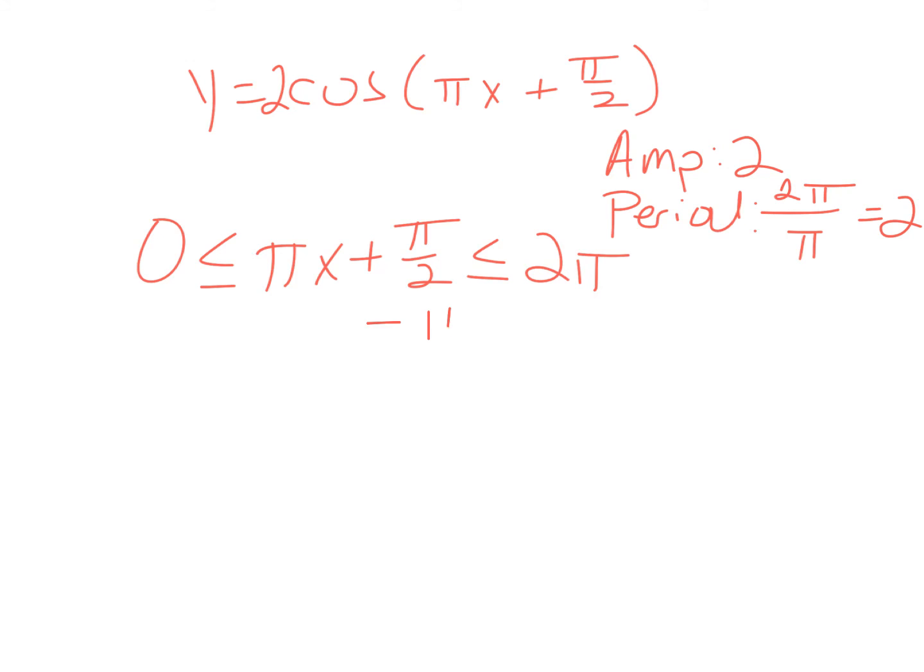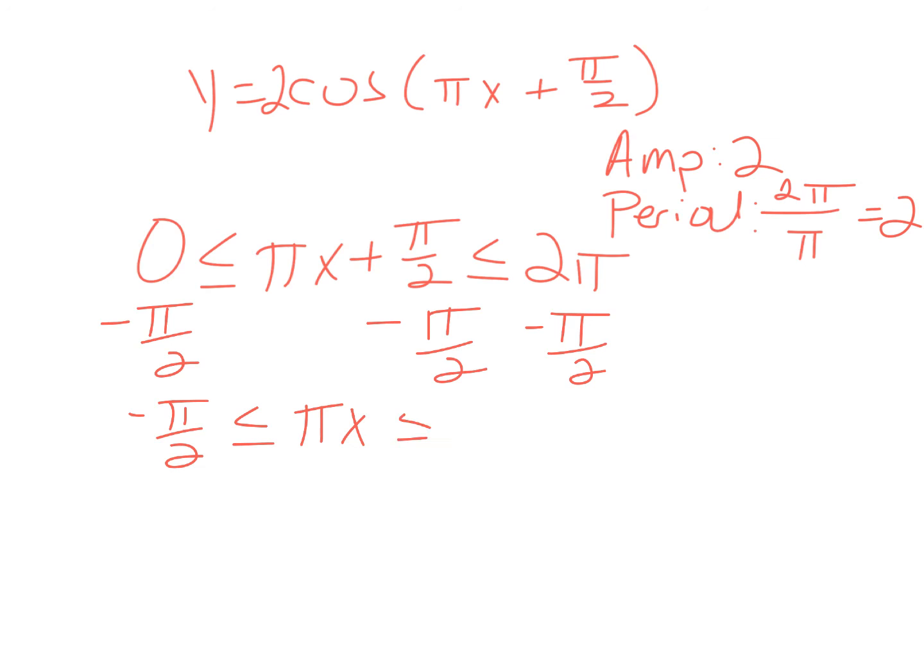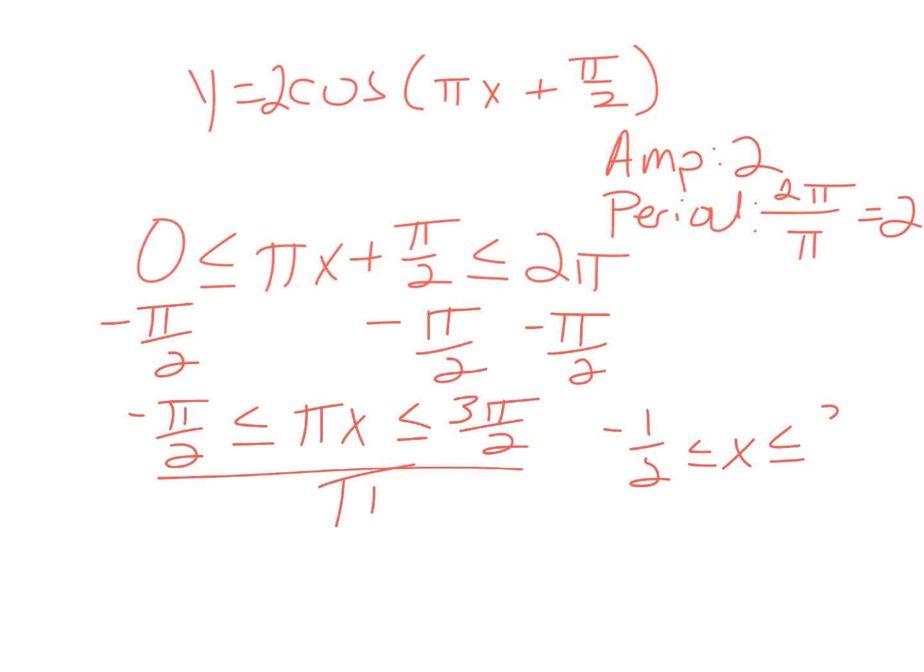So if I subtract pi over 2 everywhere, and divide everything by pi, that's going to get us negative 1/2 is less than or equal to x, that's less than or equal to 3 over 2.